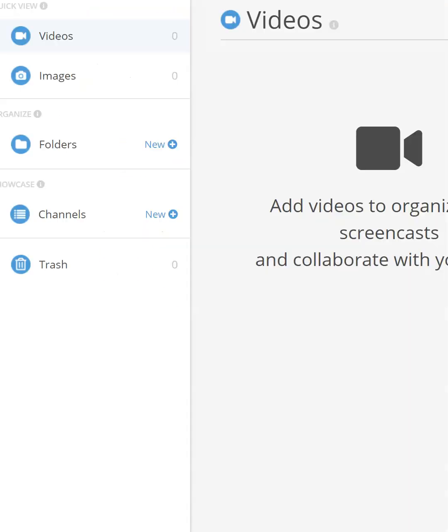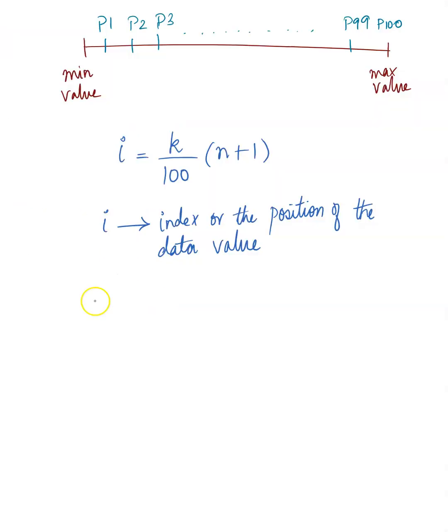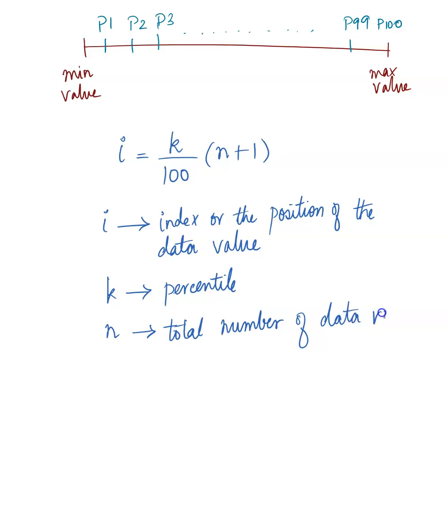And then K is the percentile. So if they say, what is the 31st percentile, then K would simply be 31. N stands for the total number of data values, the total number of entries.